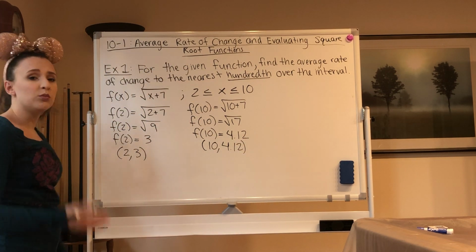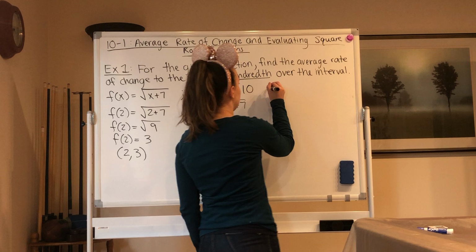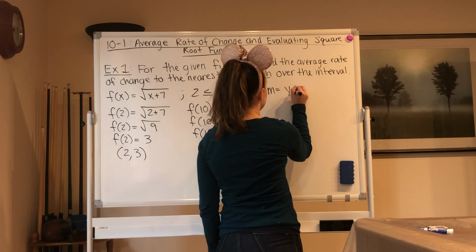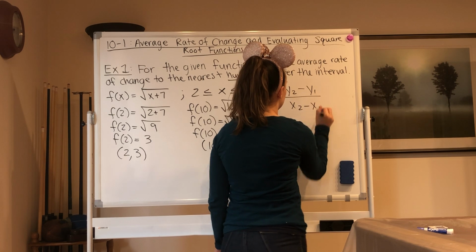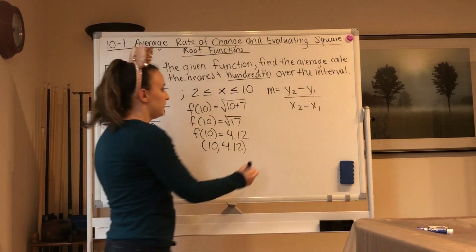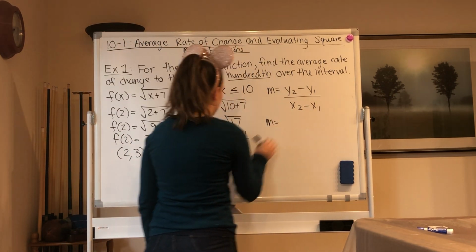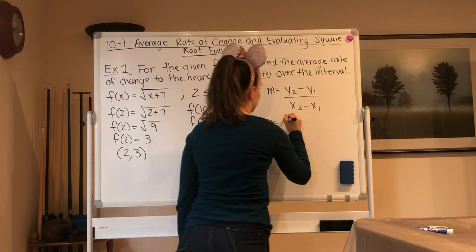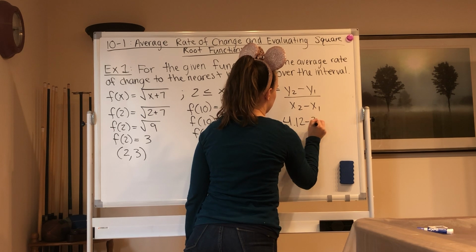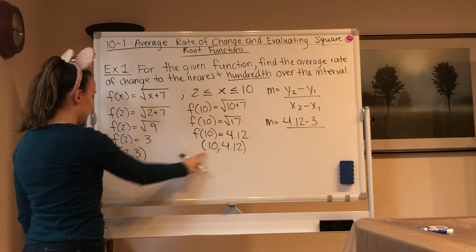Okay, now we're going to plug in the slope formula. Remember, slope formula is m equals y2 minus y1 over x2 minus x1. Plugging in y2, 4.12 minus 3 over 10 minus 2.